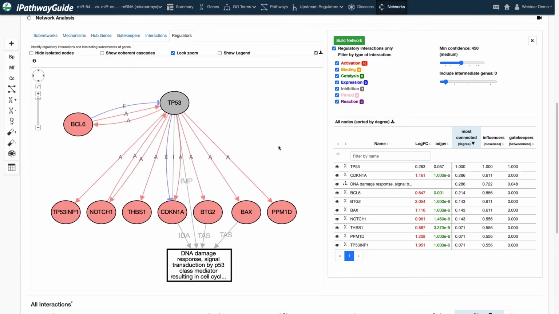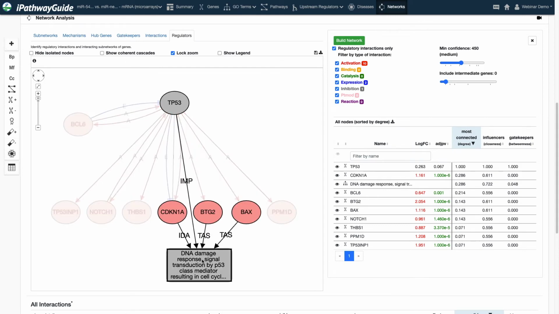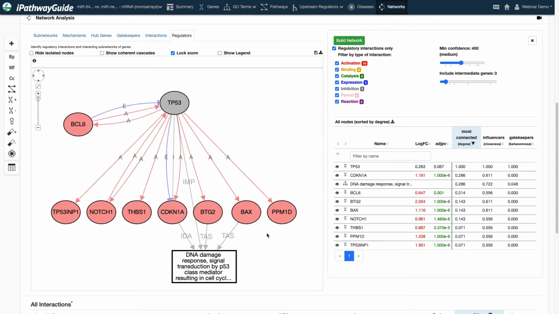So you can see the flow of information more clearly this way. So this is nice. We can clearly see TP53 is regulating all of these. These are the genes that are mediating this process.